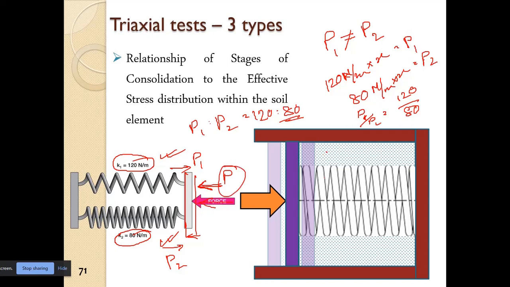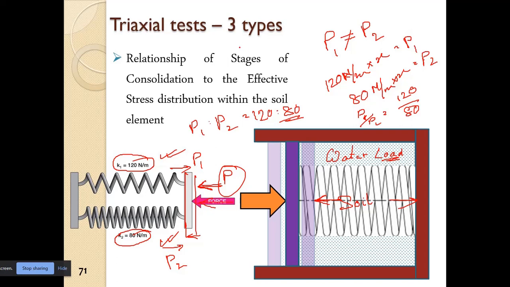The same thing is happening here. The spring, or the soil, will take some amount of load, and the water will take some amount of load. That is the distribution of the stresses.